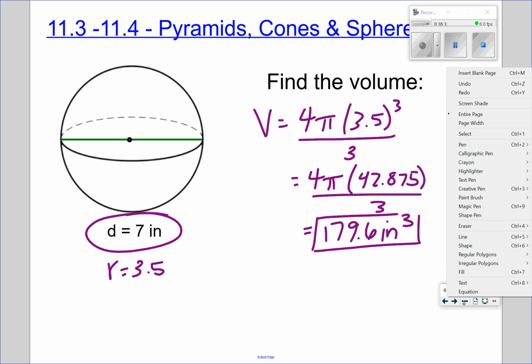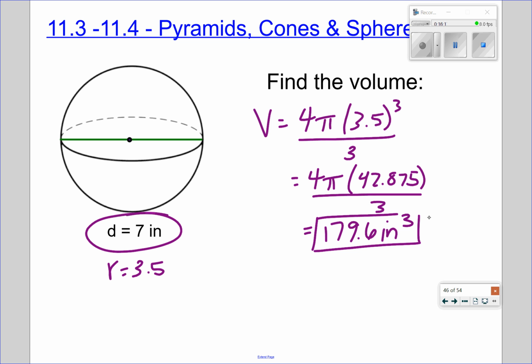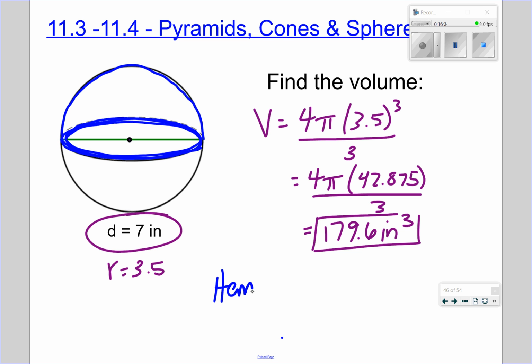Now, just something food for thought. If we were to get a problem, and you might get one like this later, where maybe you just had this blue shape, this blue shape would be called a hemisphere. And that hemisphere is just half of a sphere. So you can think of the volume formula for this to be 4 pi r cubed over 3, and then divide that whole thing by 2.